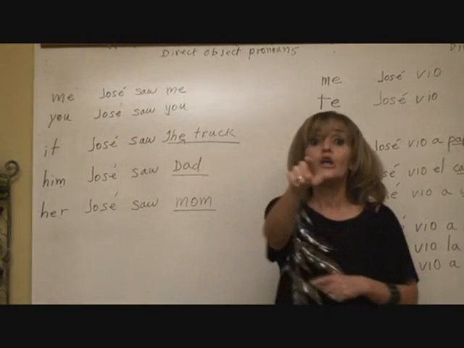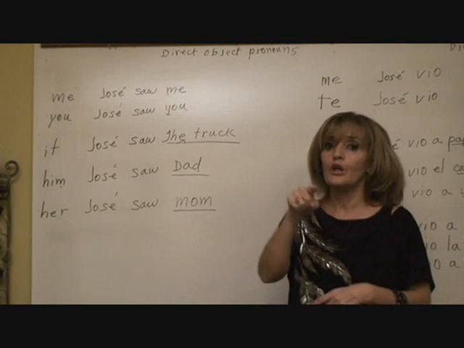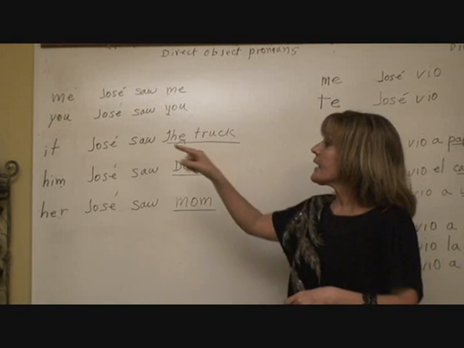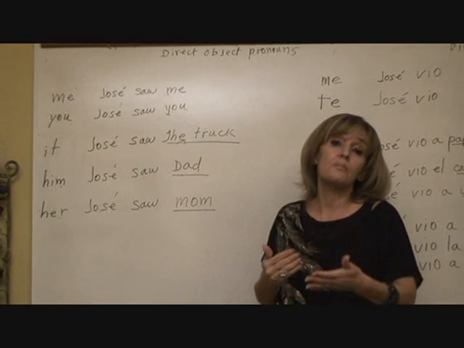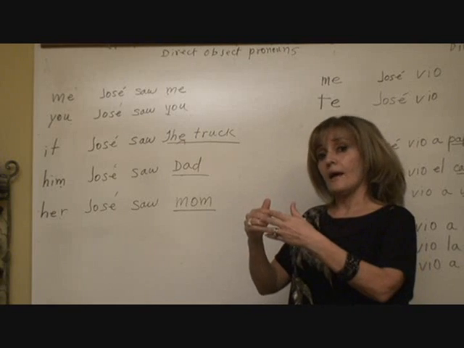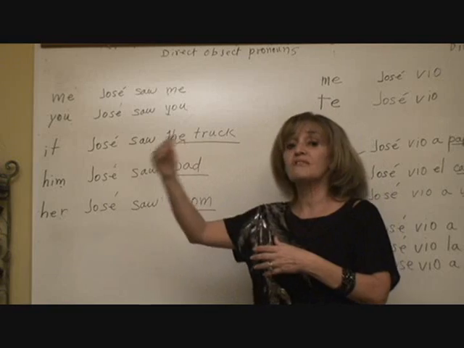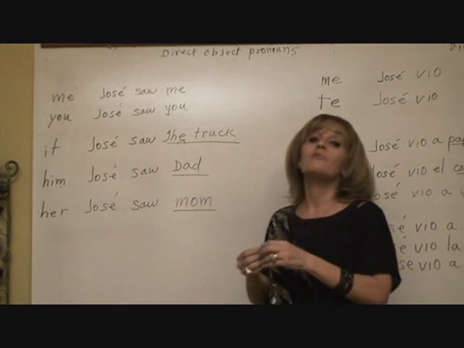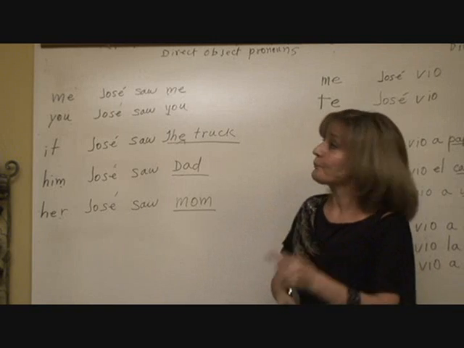Jose saw you. Jose saw whom? You. And if you notice, you in English is used both as a subject pronoun or as an object pronoun. What does that mean? It can perform the action, as when you say, you saw Jose, or it can receive the action, as Jose saw you.